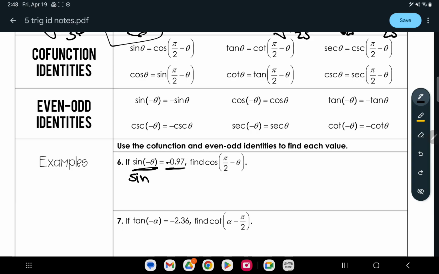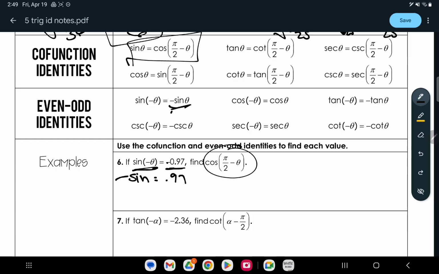So that means negative sine equals negative 0.97, so sine equals 0.97. And then we want to find cosine.